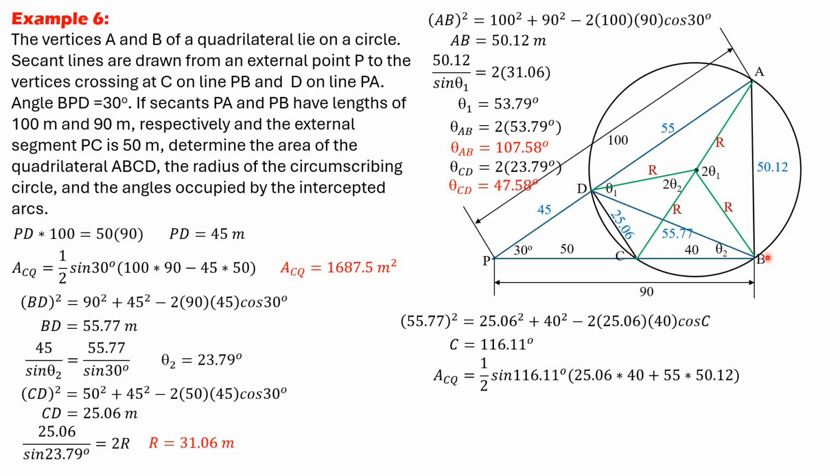While for this triangle, it's 1/2 sine of 116.11 degrees times the quantity 55 times 50.12. Solving for the area, it is 1,687.7 square meters. There's a very small discrepancy, and that is due to rounding of the calculated values here.